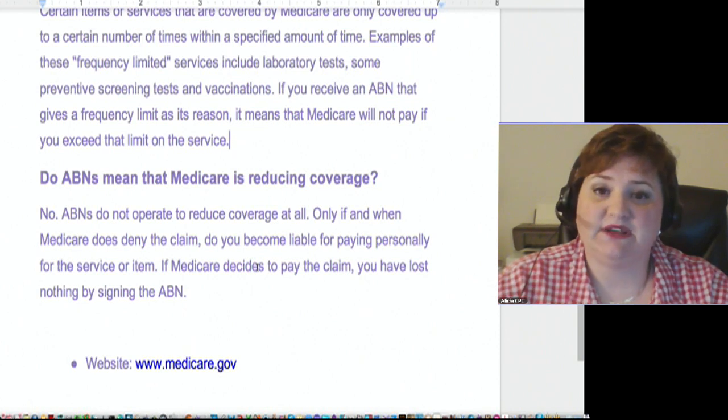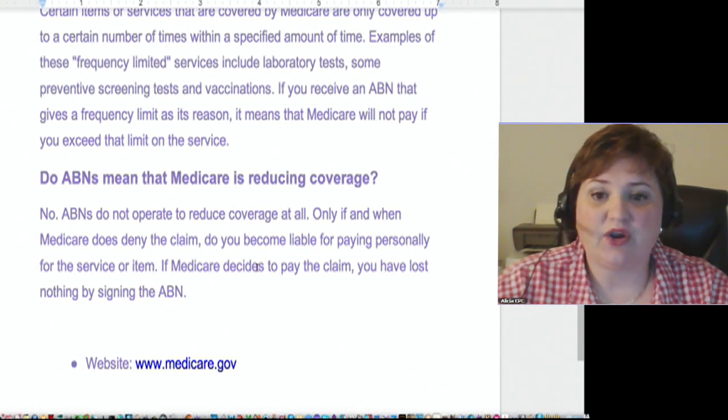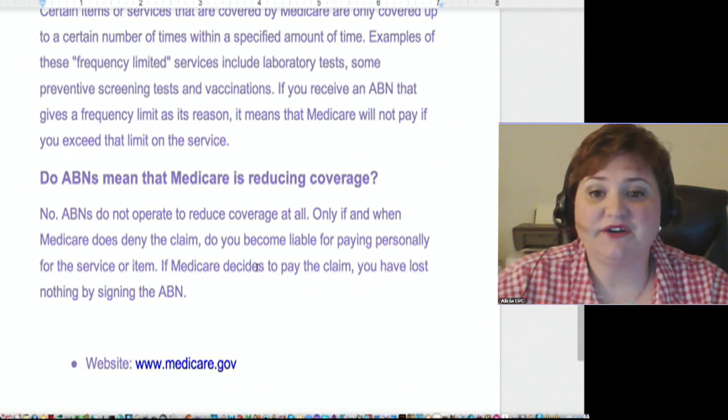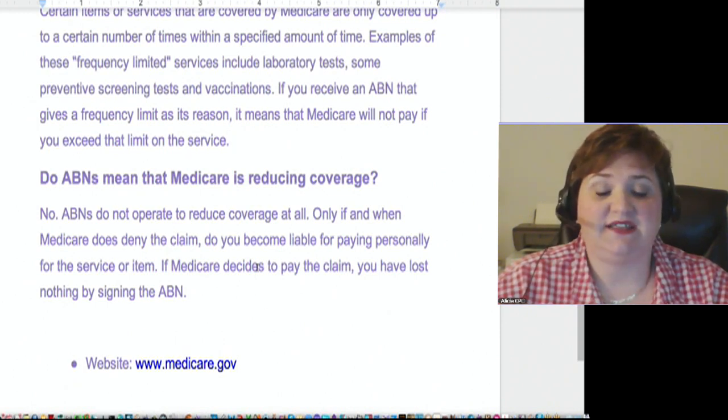Now, this came up as a question that I've heard before. Do ABNs mean that Medicare is reducing coverage? It does not mean that they are reducing their coverage. It's only if and when Medicare does deny a claim that you become liable for paying for the service or the item personally. If Medicare decides to pay the claim, you've lost nothing by signing the ABN.